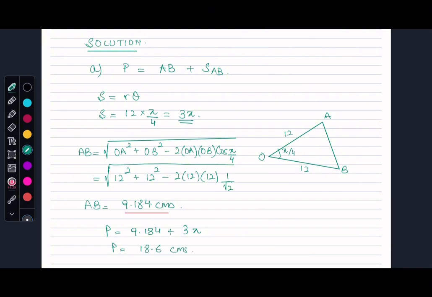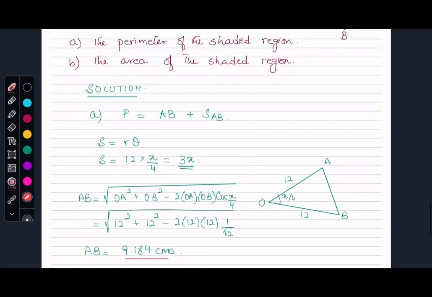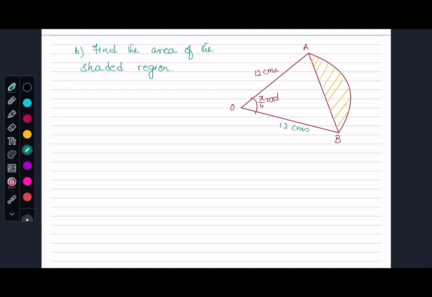So this is how we should be finding the perimeter of this sector, which has a shaded segment here. Now part B says find the area of the shaded region. We know that this is the shaded region here, which we are supposed to find out.